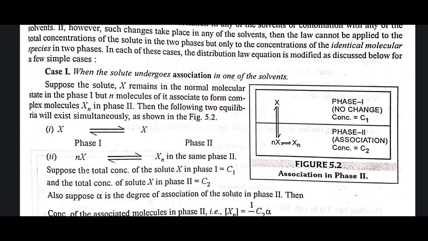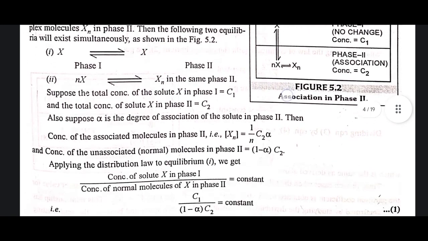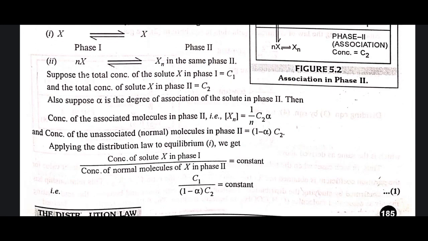First is X in phase 1 in equilibrium with X in phase 2, second is nX gives Xn, both under equilibrium. Suppose the total concentration of the solute X in phase 1 is equal to C1 and the total concentration of solute X in phase 2 is equal to C2. Also suppose alpha is the degree of association of the solute in phase 2.